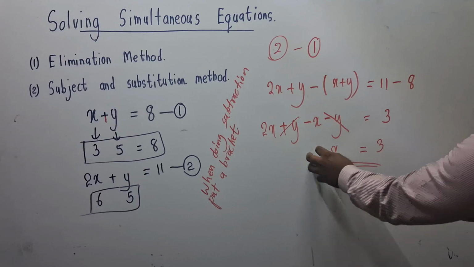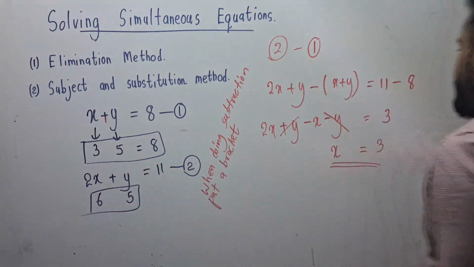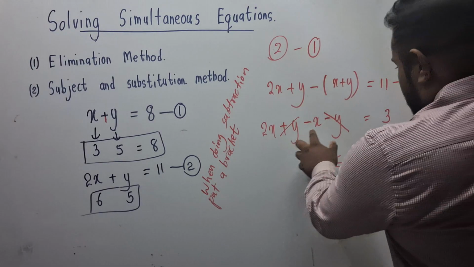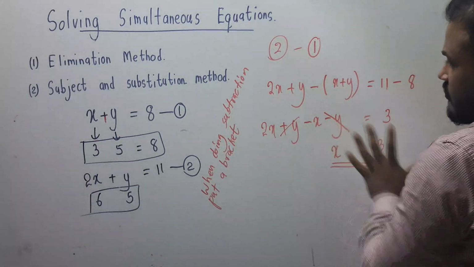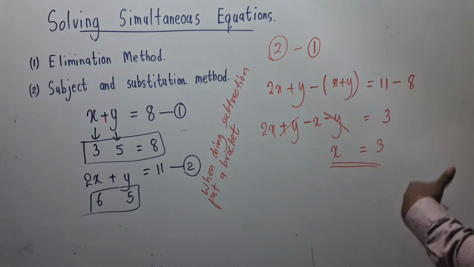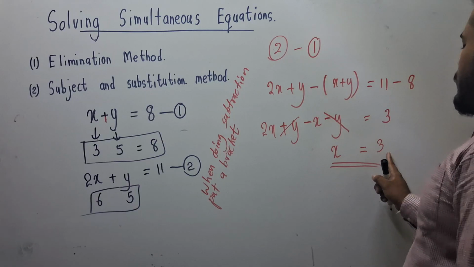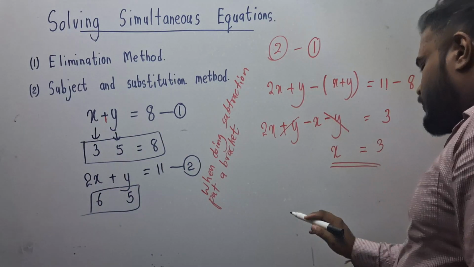So we found the value of x, as we thought before. Now you can see when y and y get removed, this equation becomes a simple equation. That's what we want. Then what am I doing? I am substituting this x equals 3 value in equation number 1 or equation number 2.